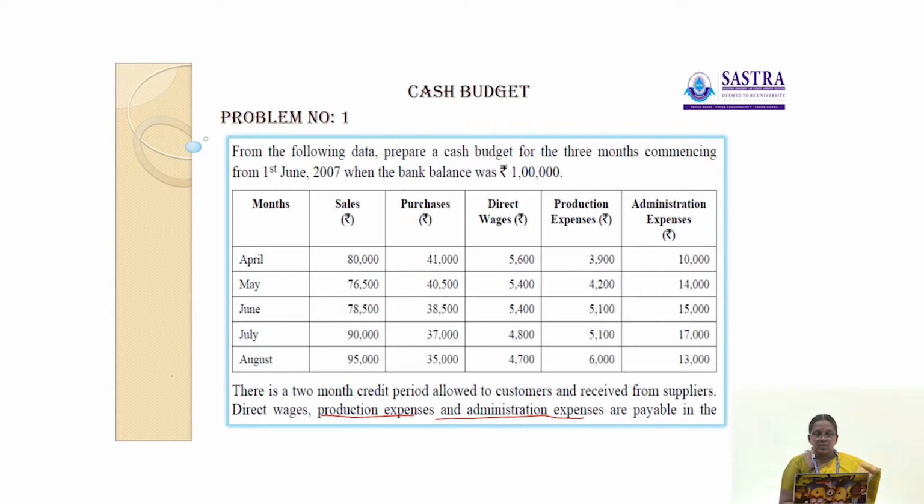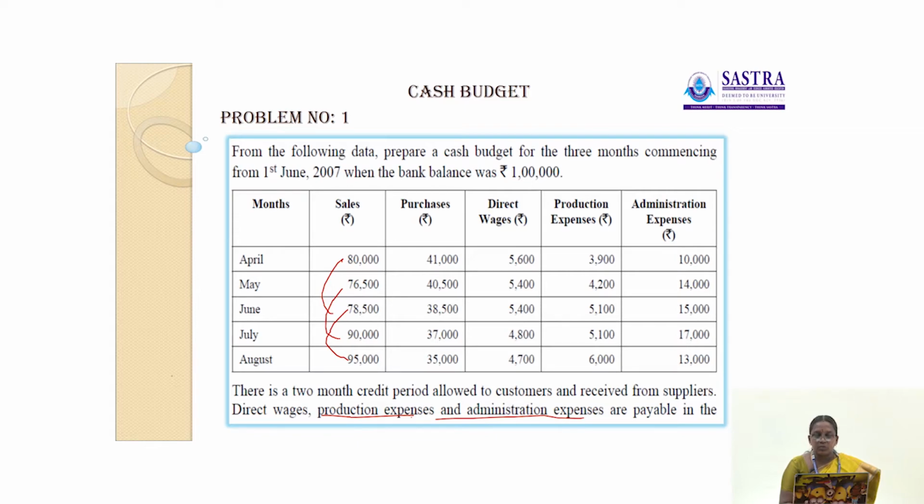Okay. Here, the sales amount is 80,000, purchases 41,000. Here a 2 months credit period is allowed to customers. So, sales in the month of April, rupees 80,000, are receivable in the month of June. 76,500 in the month of May; this amount is receivable in the month of July.